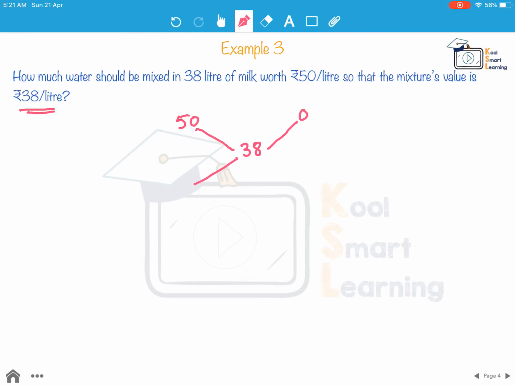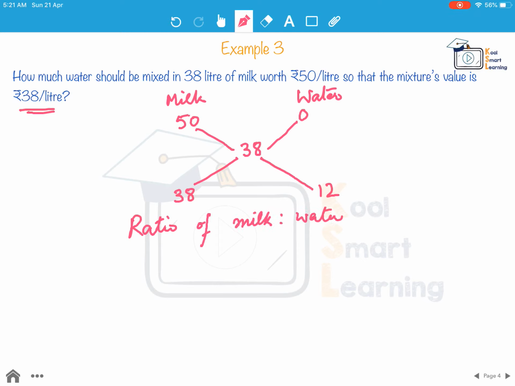So the mixture's value is 38 per liter. We subtract 0 from 38 and we subtract 50 from 38, which gives us 12. See, this is milk here and this is water. So the ratio of milk to water will be given by 38 by 12.